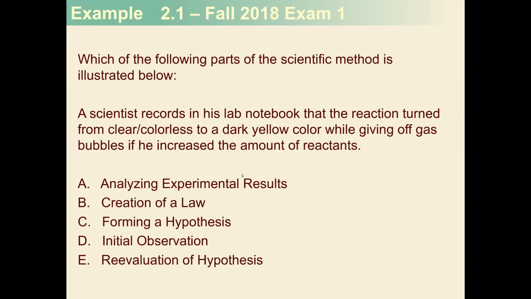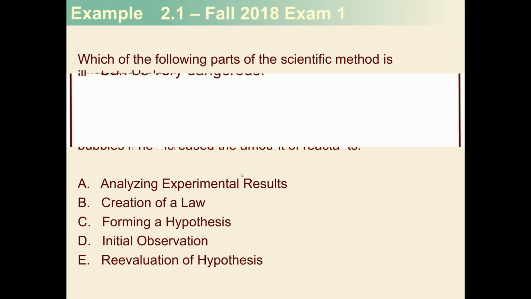Remember, initial observations happen and say, why are we doing this? It is before any experiments have been accomplished. Based off of the paragraph, this scientist has done the experiments and he is recording the observations. So the correct answer for this example is going to be A. We are analyzing the experimental results. We are looking at what happened and being able to explain it. So the correct answer for this problem would be answer A.